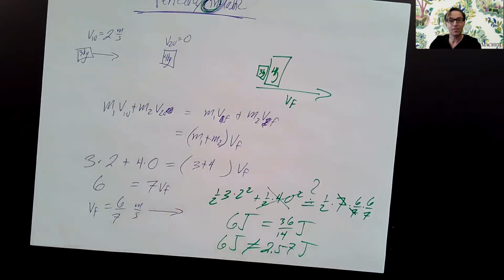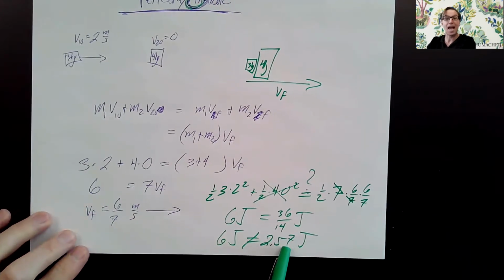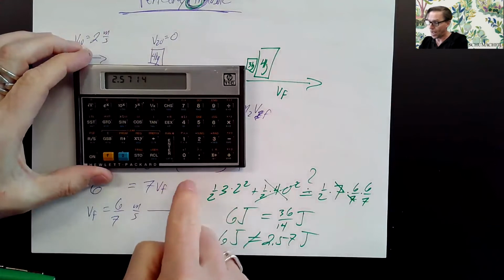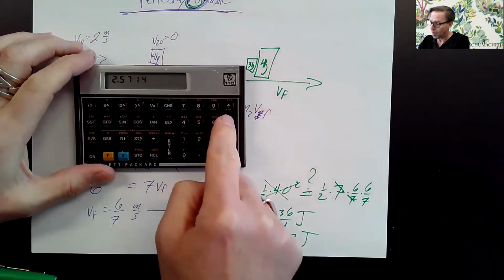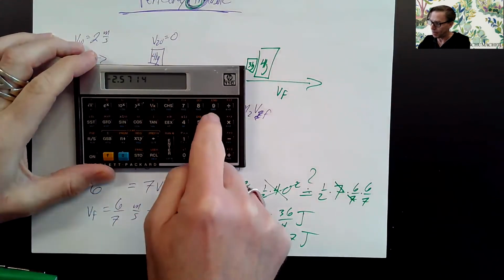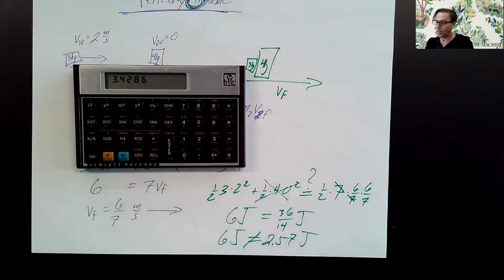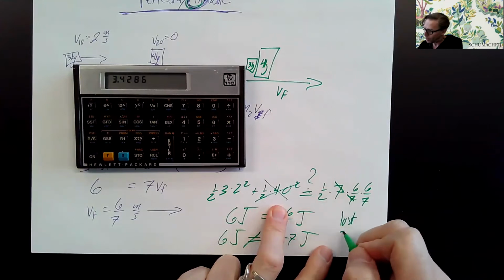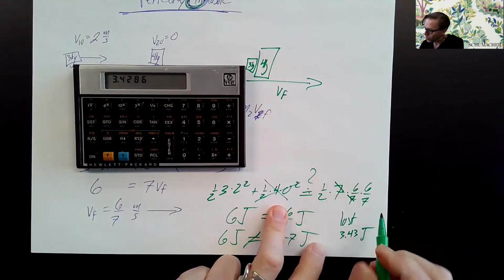In fact, there's a lot less energy here. How much less? Sometimes they would say things like, how much energy was lost? Well, then you'd have to subtract that from 6. So I'm going to make it negative and then add it to 6. So we lost 3.43 joules.